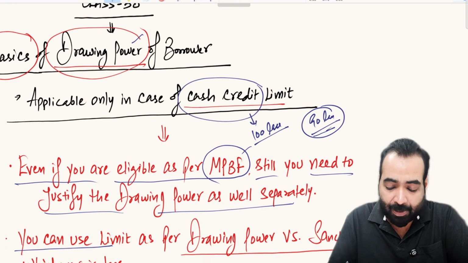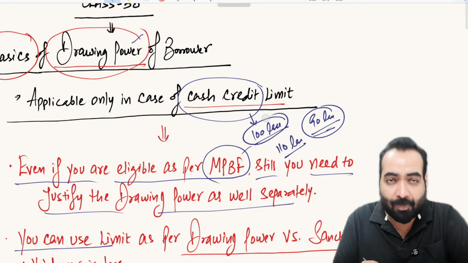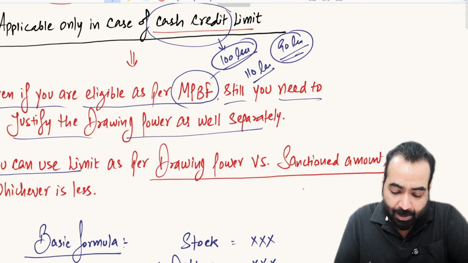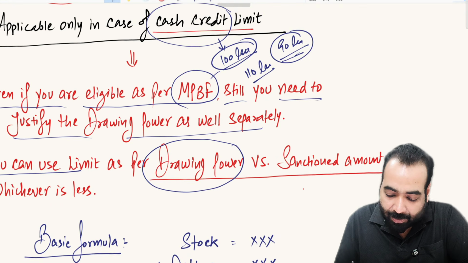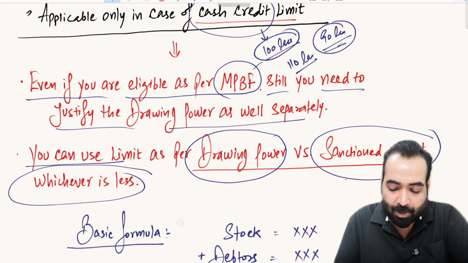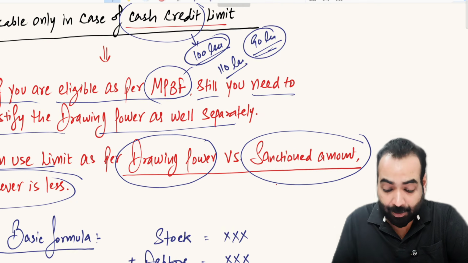But if your drawing power is, suppose, 110 lakhs, then you can use the maximum of the sanctioned amount, right? So you can use the limit as per the drawing power versus your sanctioned amount, whichever is less. The lower of both will be the maximum amount that you can use to avail the cash credit limit.